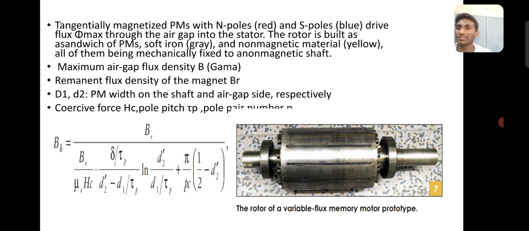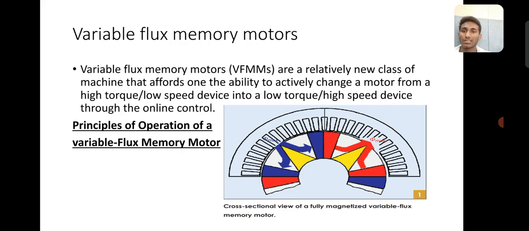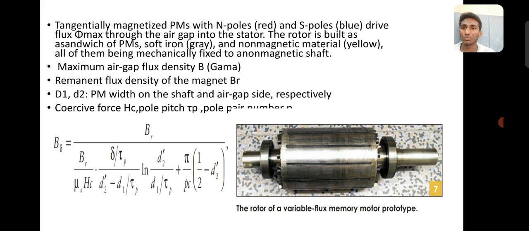It is defined as a tangentially magnetized PM with N poles as red objects and S poles as blue objects. Here you can see the drive flux, noted as phi max, through the air gap into the stator. The rotor is built as a sandwich of PMs, soft iron in gray, and non-magnetic material in yellow, all of them mechanically fixed to a non-magnetic shaft.